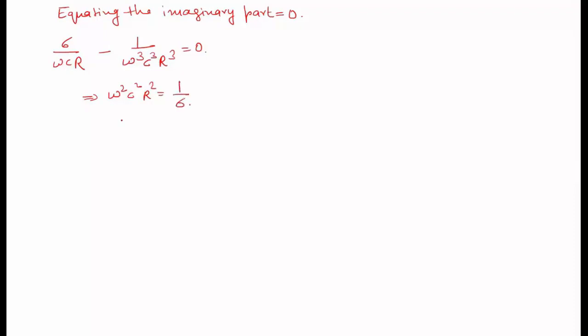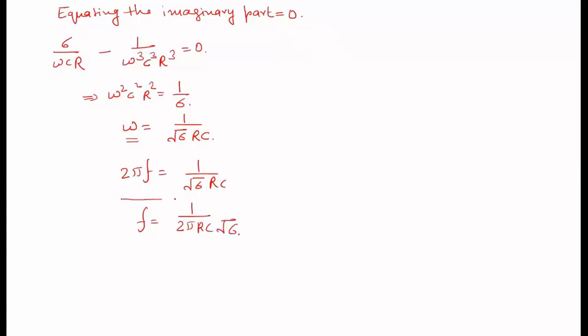By solving this, we can have omega is equal to 1 upon root 6 RC. And we know that omega is equal to 2 pi f. So 2 pi f is equal to 1 by root 6 RC, and f is equal to 1 by 2 pi RC root 6.